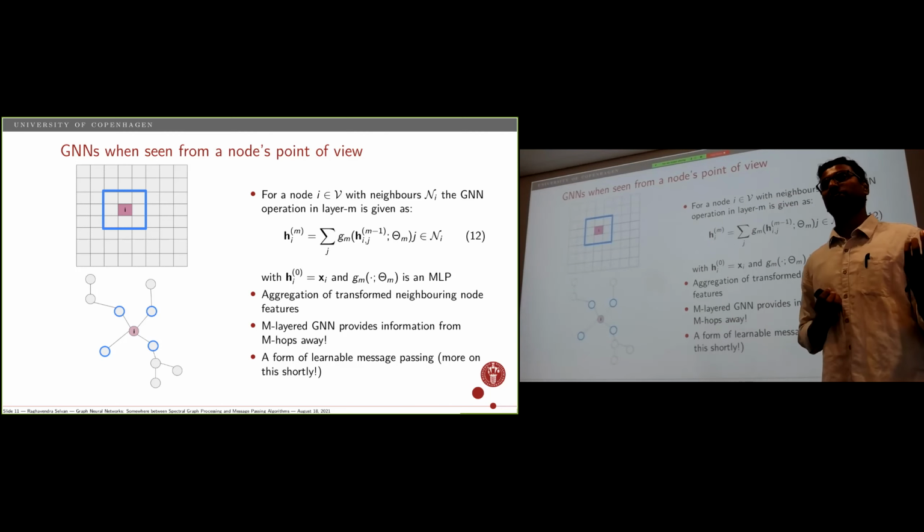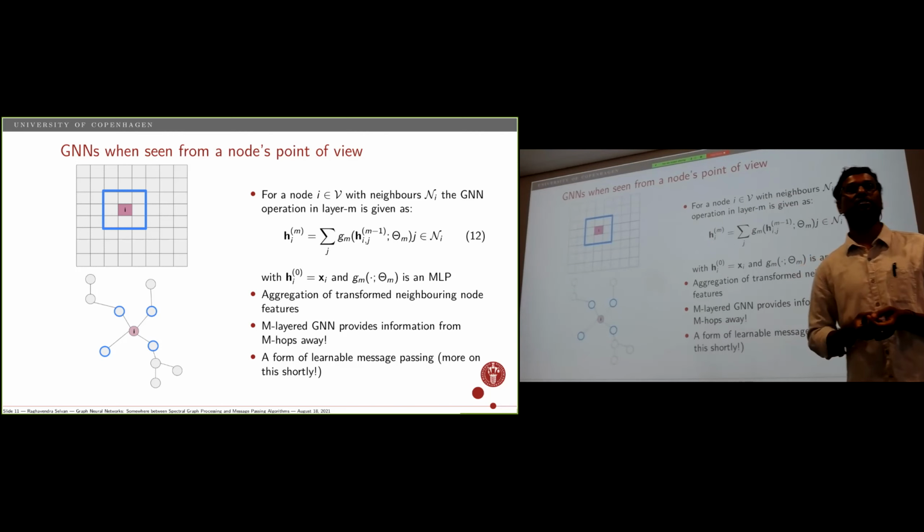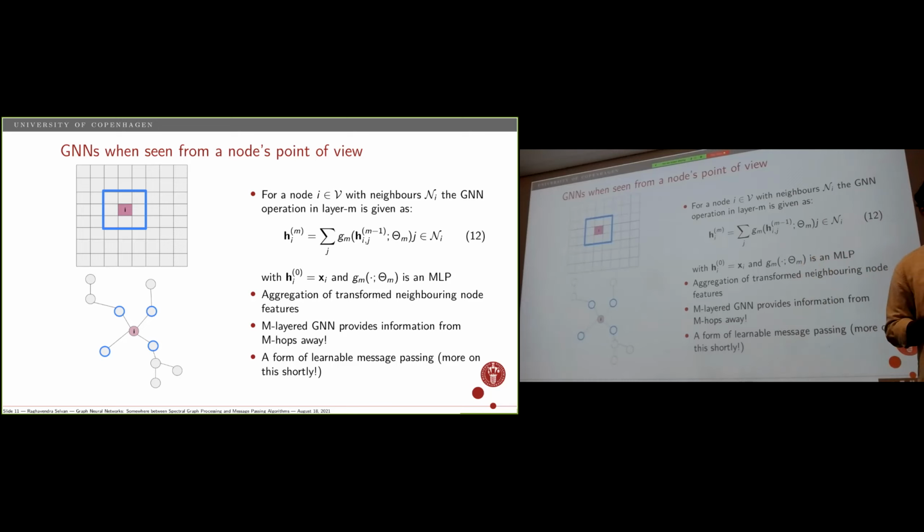There's this classic algorithm called belief propagation, which I think is also known as the sum product algorithm, but I like the term belief propagation because nodes are propagating whatever they believe based on their connectivity. And GNNs are generalizations of that. There's going to be another example for that to look at it closely. But the idea of GNNs being neighborhood aggregators, I hope is clear going from here.